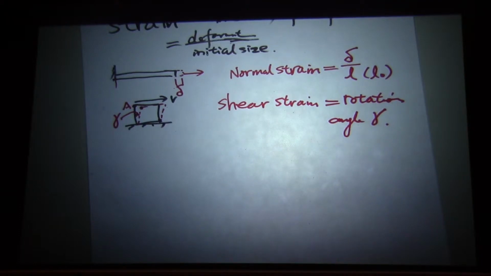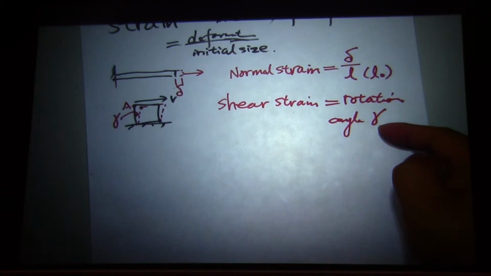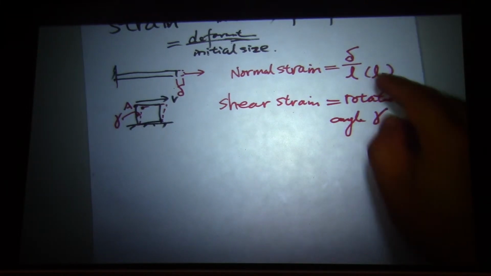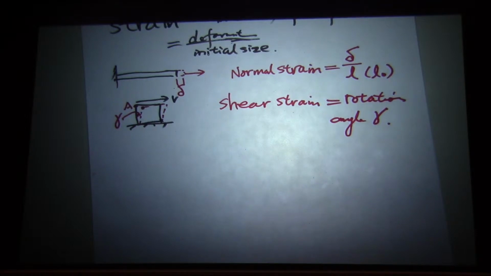Now, what's the unit for this angle? Not a unit, it's dimensionless, right? You can say radians, or oftentimes we say 5 degrees, but basically it has no unit. What's the dimension for the normal strain? Millimeters over millimeters, so it doesn't really exist. Meter over meter, then it's gone. Inch versus inch, it's gone.